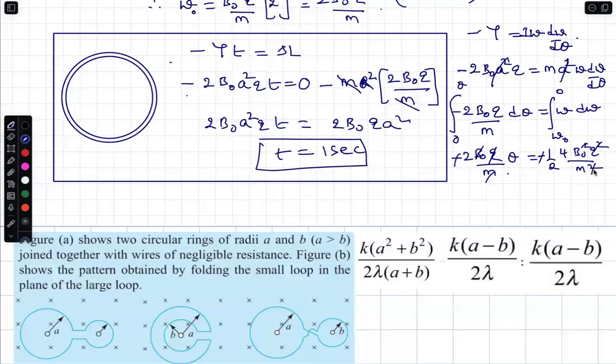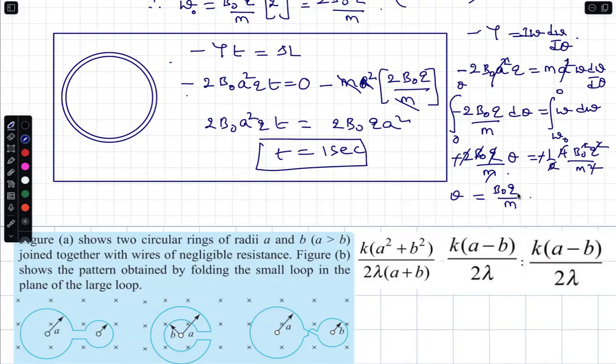B naught q by m cancels on both sides. 2 also gets cancelled. So finally theta, what you got is B naught q by m, if I'm not mistaken.